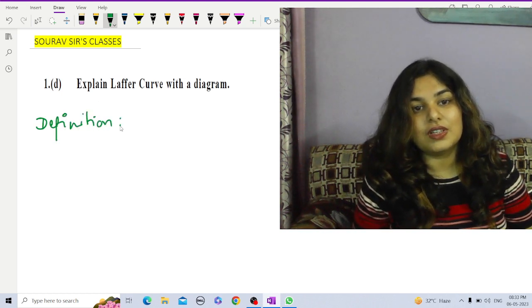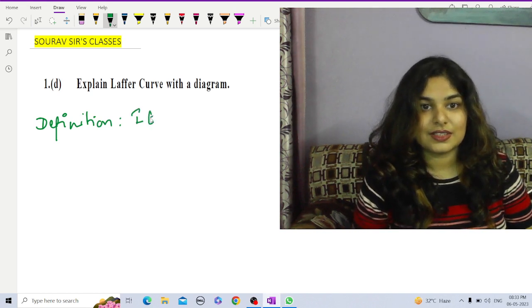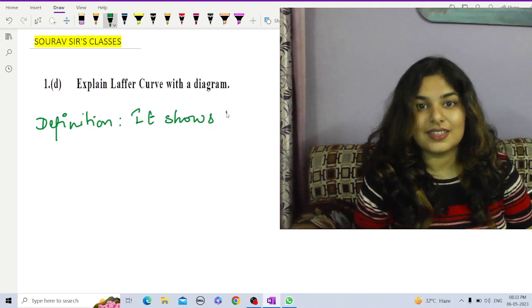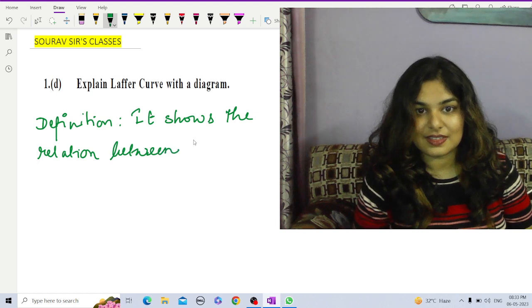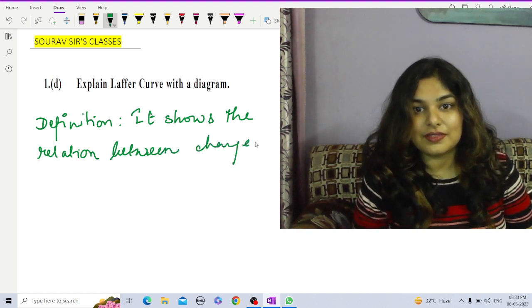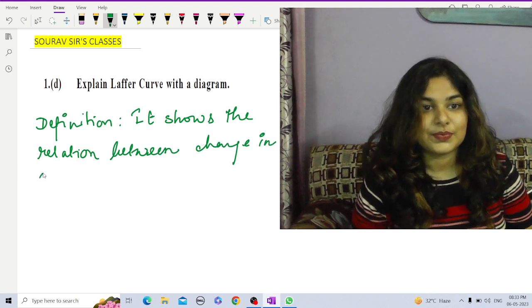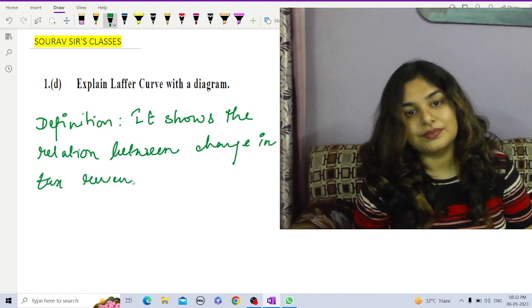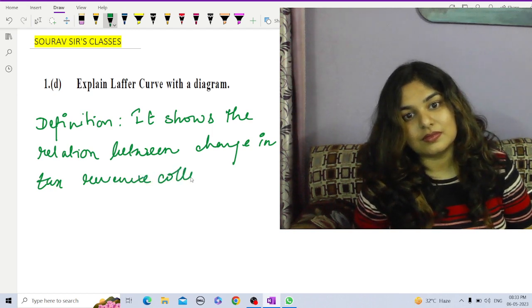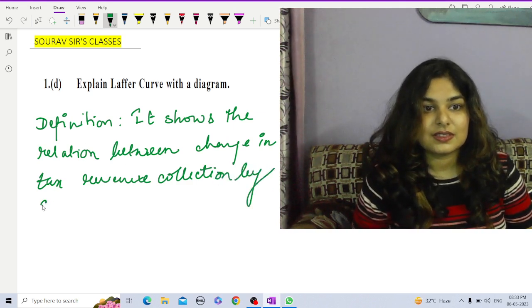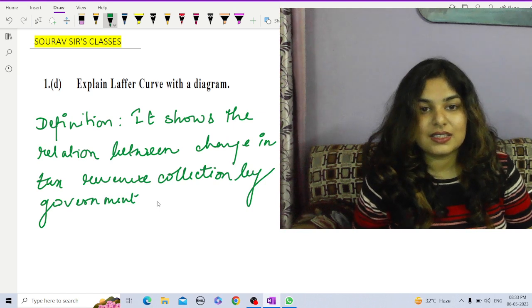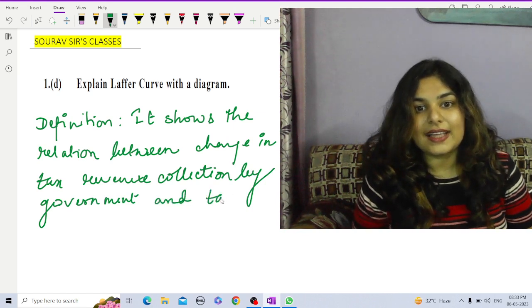So our definition of Laffer curve is that it shows the relation between change in tax revenue collection by government and tax rate.